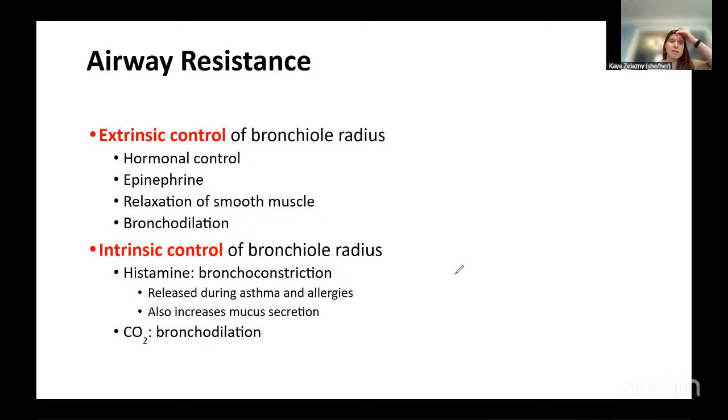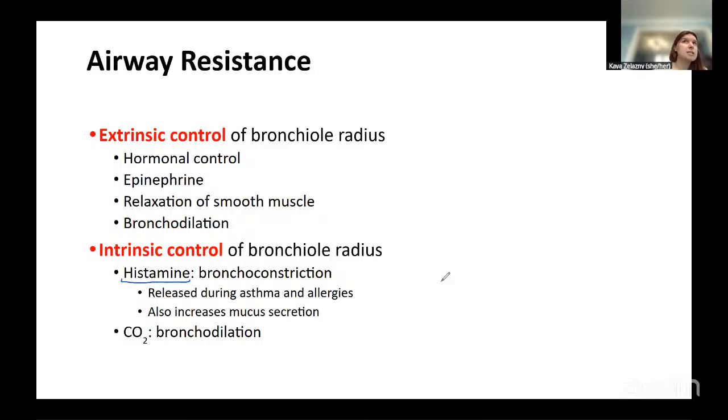One that we didn't focus on too much in our last unit on the cardiovascular system, but that is going to play a significant role in breathing, is histamine. We did mention histamine a little bit with net filtration pressure as something that's released during injury, and when we thought about allergies and white blood cells.